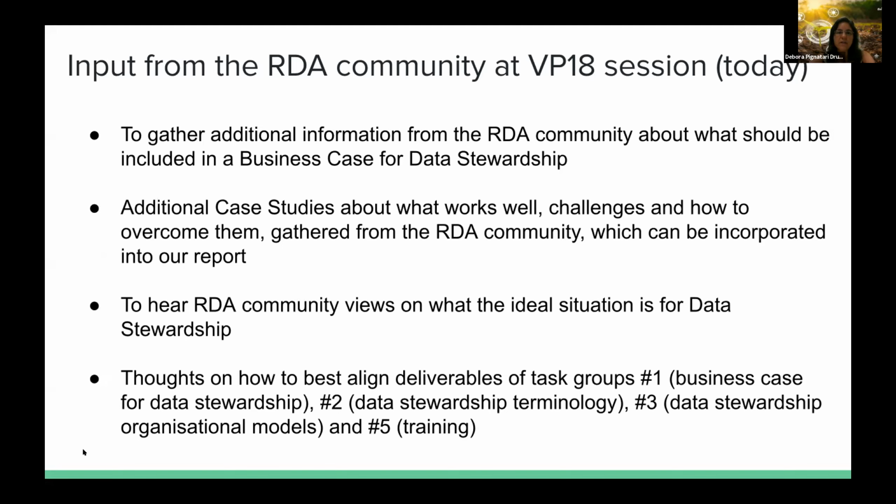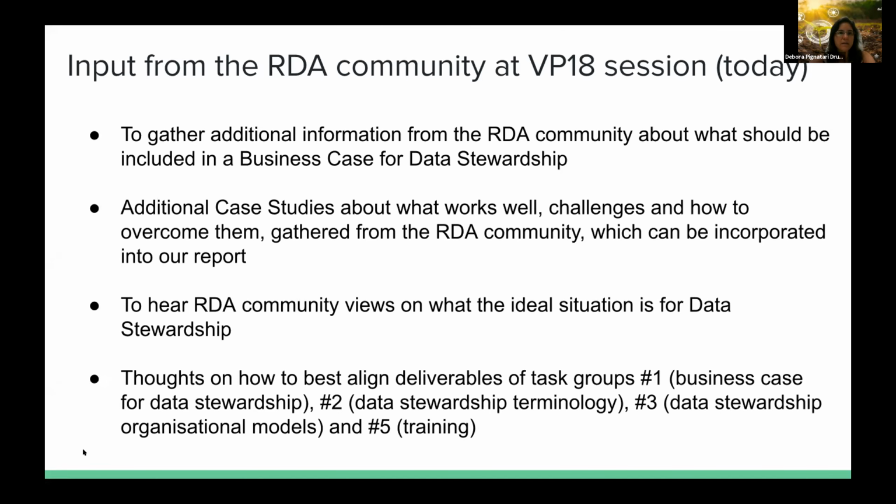So we're having this nice discussion part of the session today where, after all the task groups present, we're going to discuss how we can connect the different work that is being conducted in the interest group. We also aim to have more case studies for the report and to align the deliverables.